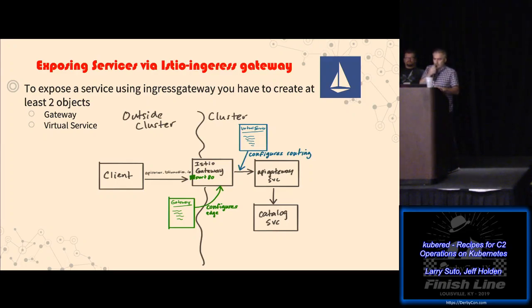And so now you have your Ingress gateway launched, or multiple Ingress gateways launched. Now you want to configure it. This is basically how you configure it. You create what's called a gateway, which exposes the ports on the Ingress controller load balancer that you're going to bring into the cluster and attach to your C2 environment.